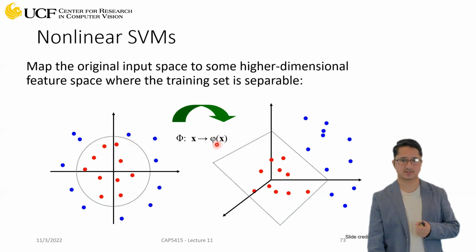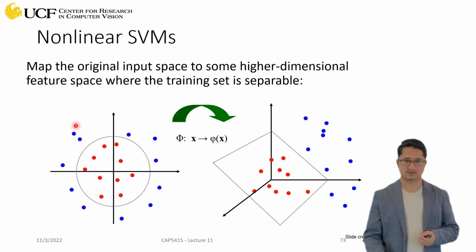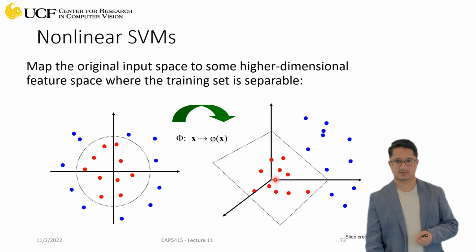Now, if this function is a square function, all these negative values will become positive because you're taking a square. And if the values are bigger, then the square will also be bigger. That way you are projecting this into three-dimensional space. You add one more dimension here, let's say z.